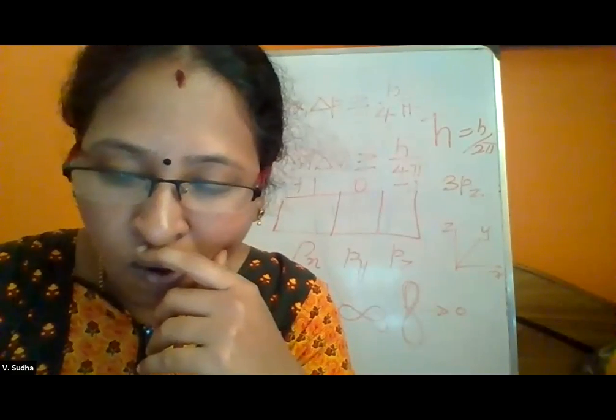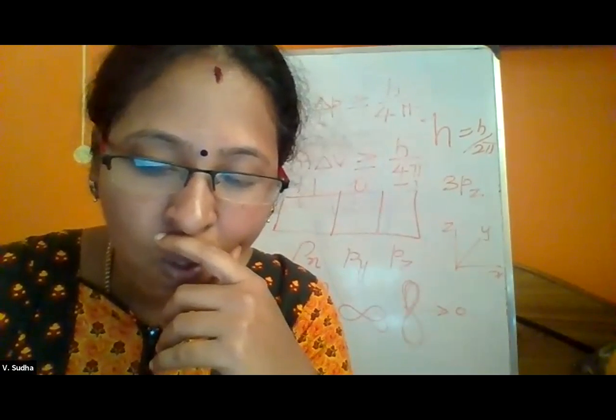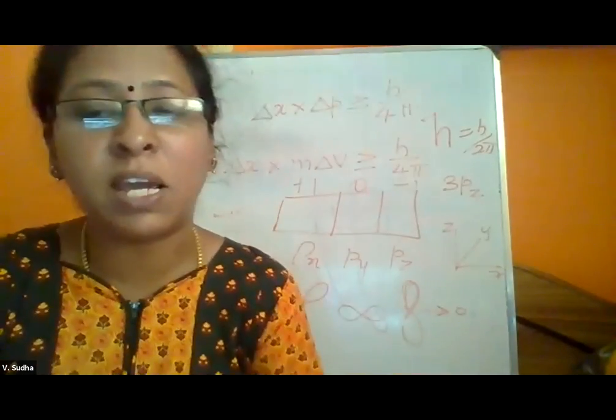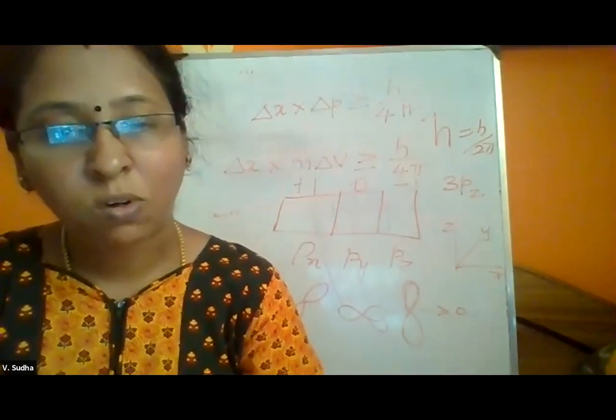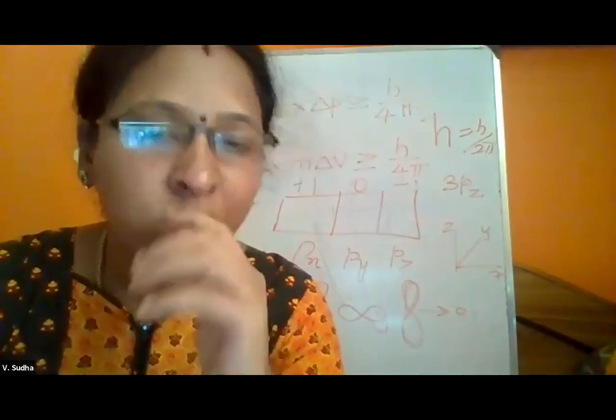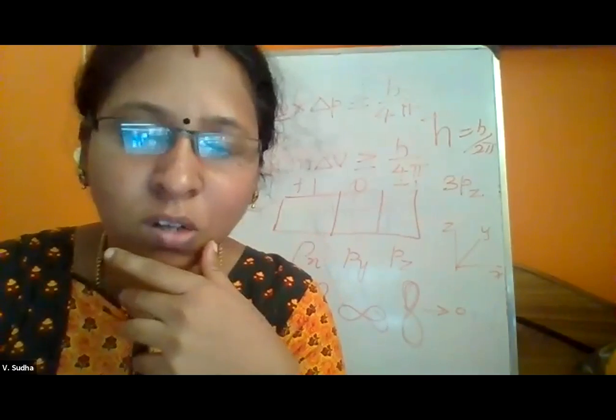The relation between their wavelengths lambda 1 and lambda 2 will be: option A, lambda 1 equal to 2 lambda 2.